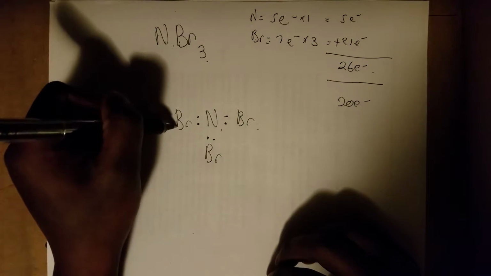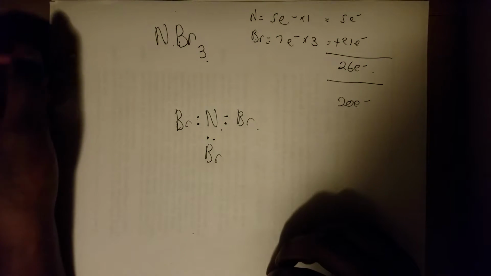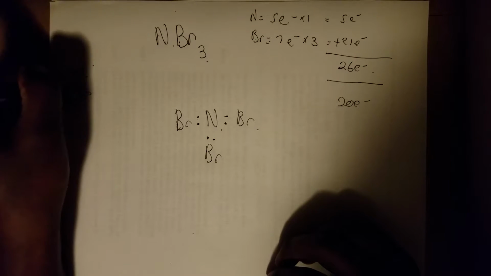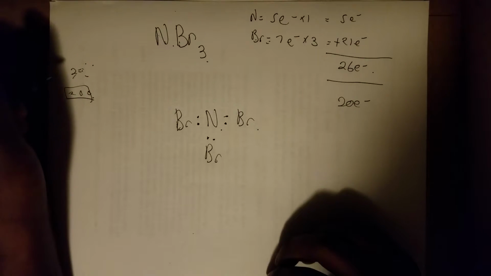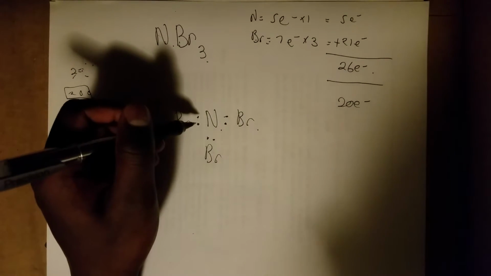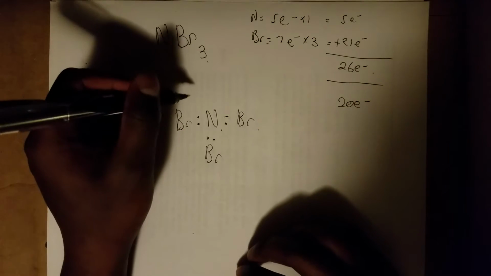Anything that's more than 2 in the outer shell needs to be 8, because it's 2, 8, 8, right? So each bromide needs 8, and the nitrogen needs 8.